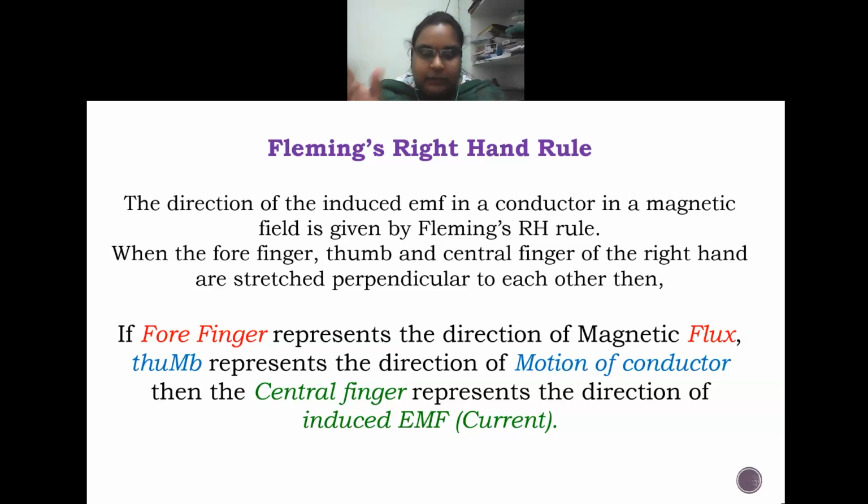This is the basic rule which gives us the direction of the induced EMF, and this is used in generators. To understand the direction of the induced EMF or current in a generator, we use Fleming's right hand rule.